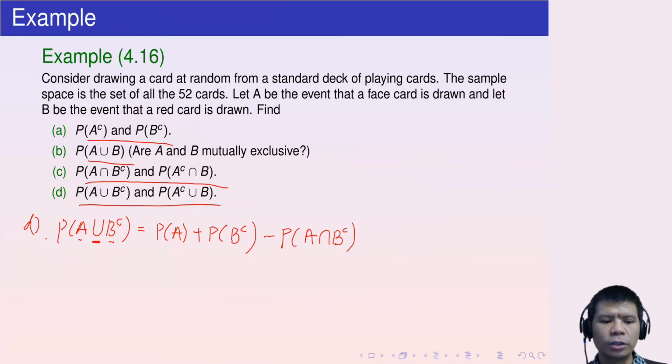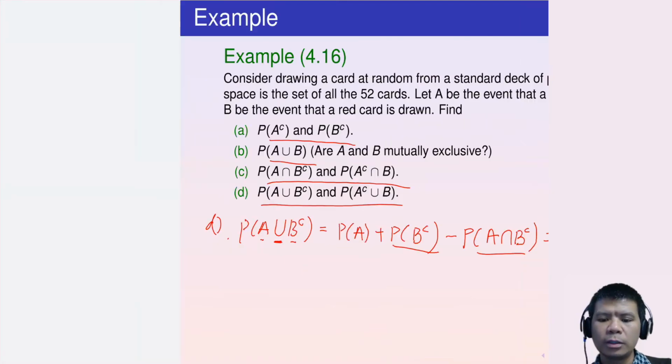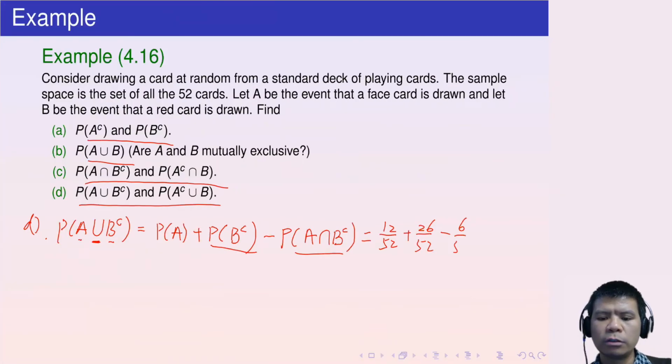Okay, so this is what we have. Now, probability of A is 12 over 52. Probability of B complement, as we have found, is not red, so it's 26 over 52. We already found this. And this one is also known from part C, so we found this one is 6 over 52. So minus 6 over 52.